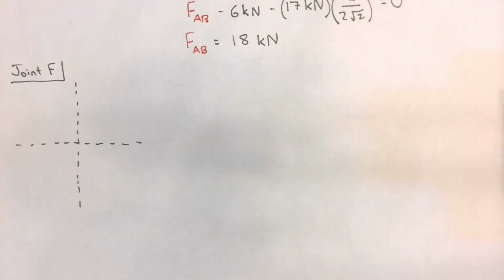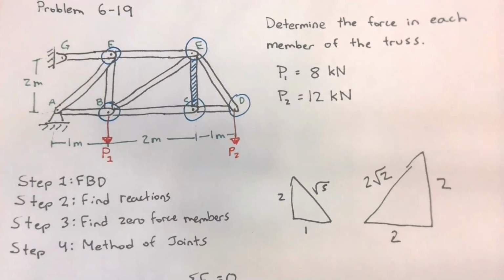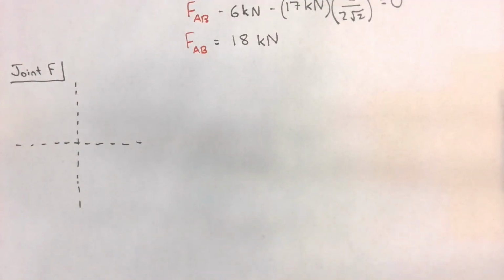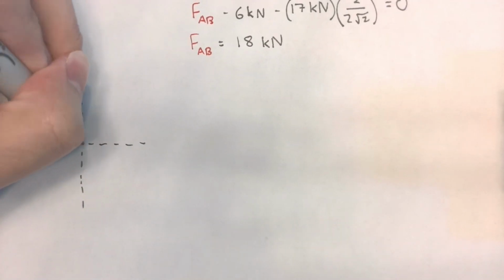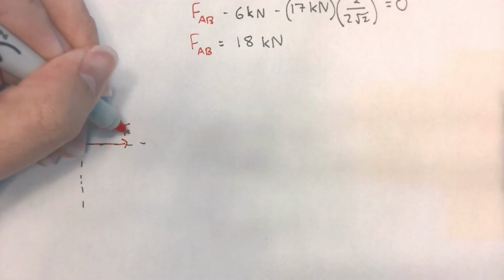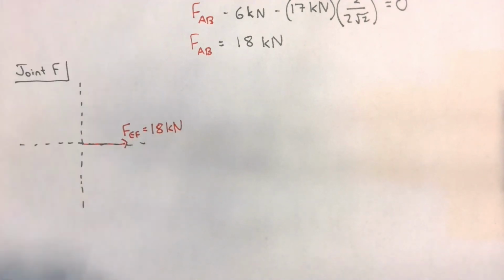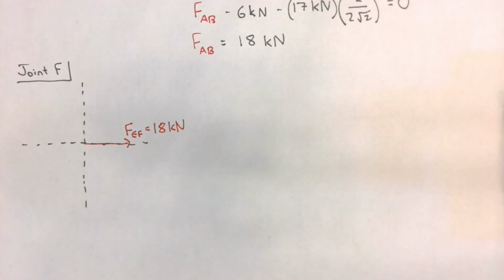For my joint F, I have my force from E to F. And did I find that force? Yes, I got 18 kilonewtons in tension. So I should have 18 kilonewtons in tension. What else do I have?